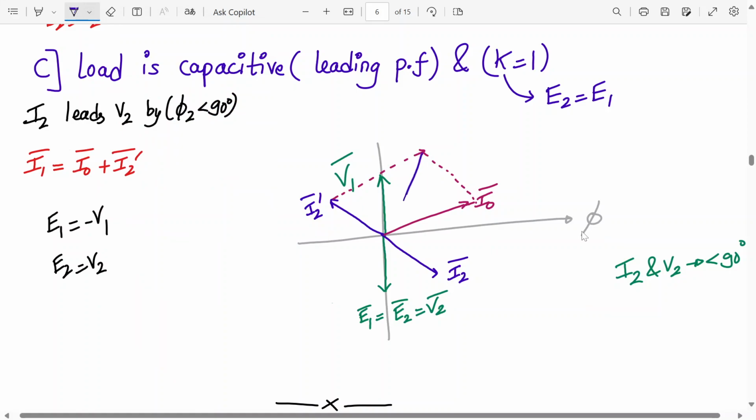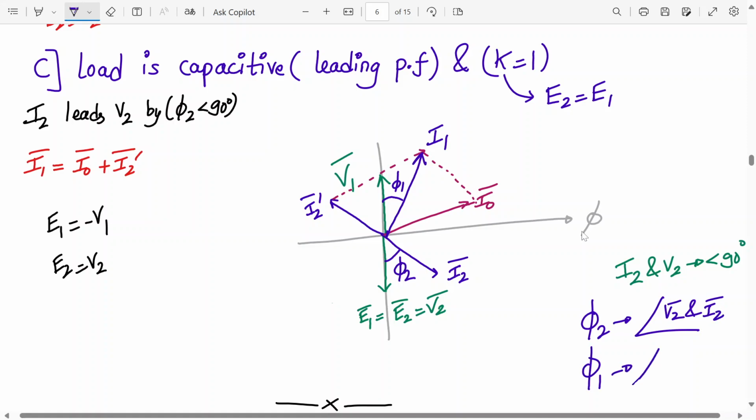This is I1. So what is my phase angle? This is my phase angle, this is phi 1. And where is my phi 2? Phi 2 is over here. So phi 2 is the phase angle between V2 and I2, and phi 1 is the phase angle between V1 and I1. Agree?